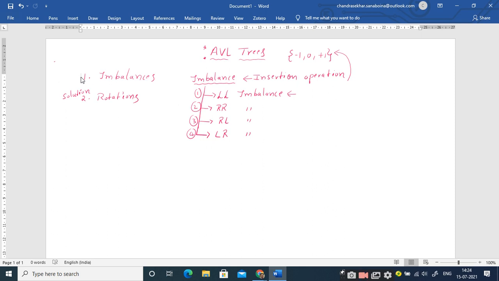So let me take case 1. I am still explaining the same imbalances concept only. We will again go into the rotations. We will try to give the solutions for these imbalances in terms of rotations. That's a different case. So case 1 is LL imbalance.